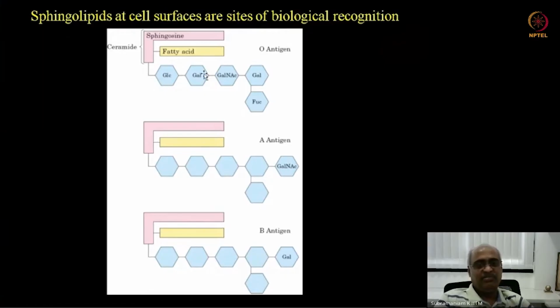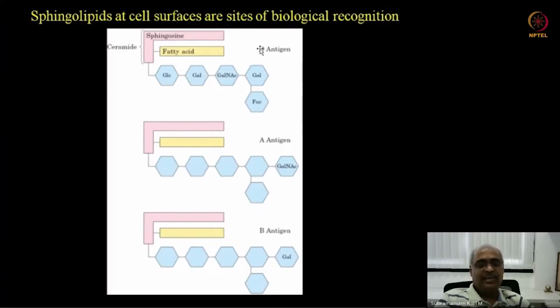So here if you have this particular oligosaccharide sequence, glucose, galactose, N-acetyl-galactosamine, galactose and fucose, then that is recognized. Okay, you remember these are address tags, the sugar code we learned yesterday. And this structure, when it is present on the cell surface, is the O antigen in our blood cells.